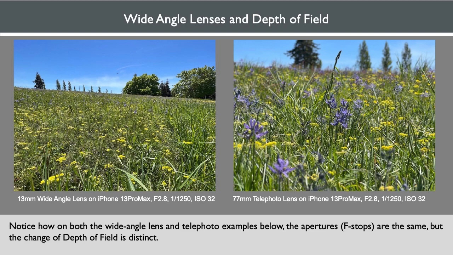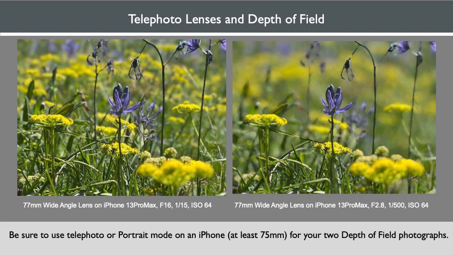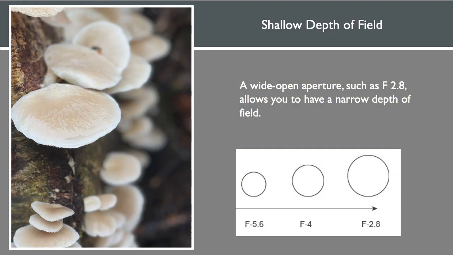Notice how on both the wide angle and telephoto examples, the aperture f-stops are actually the same, but the change of depth of field is distinct. Be sure to use telephoto or portrait mode on an iPhone, which is 75mm for portrait, for your 2 depth of field photographs. A wide open aperture, such as f2.8, allows you to have a narrow depth of field.